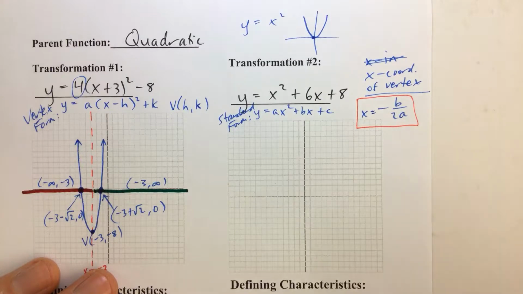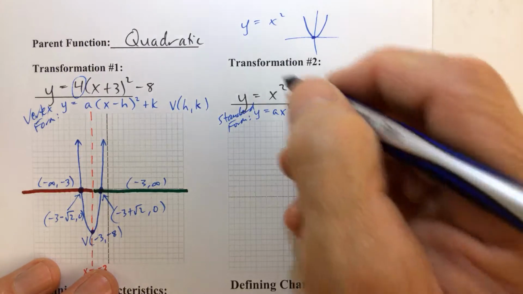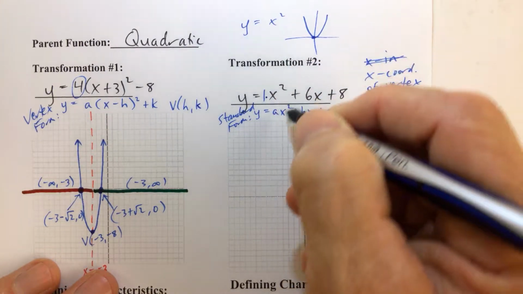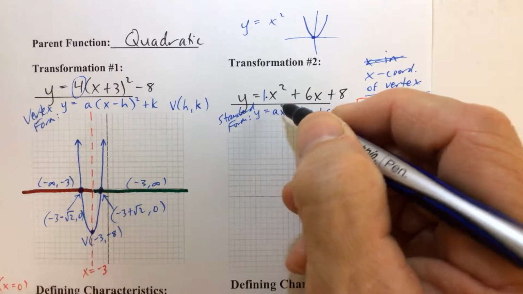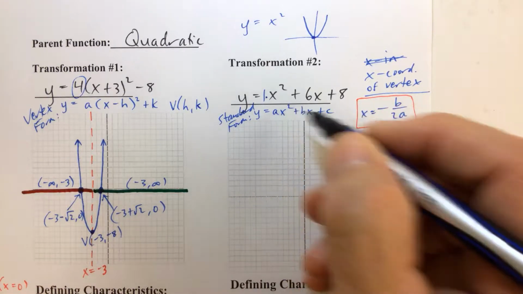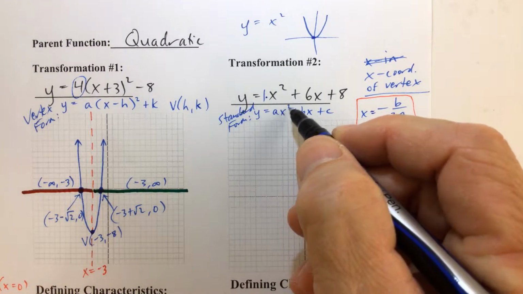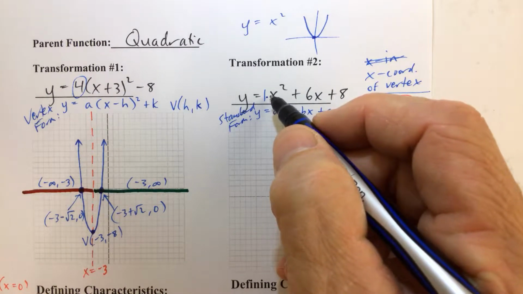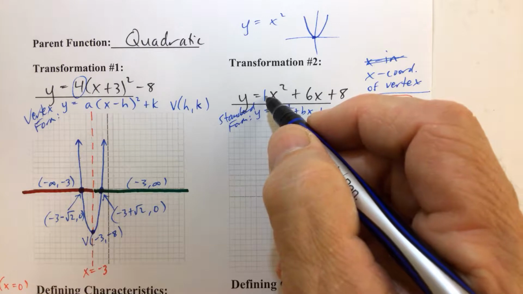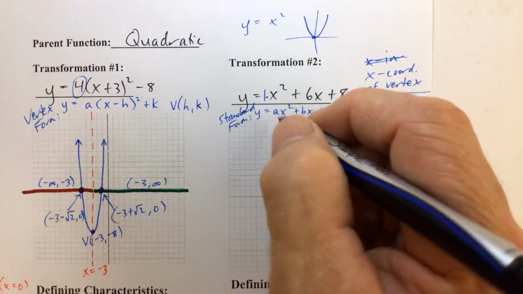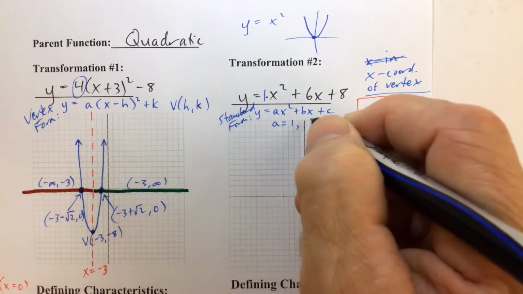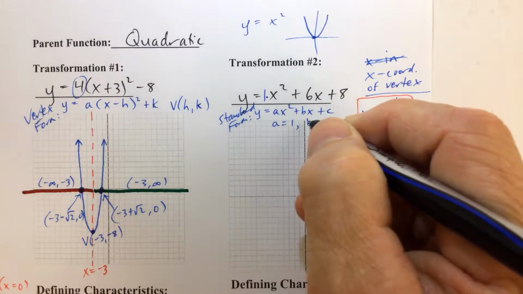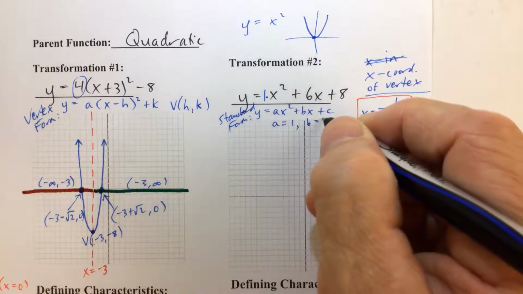So let's find that. Let's identify, though, the a is always the number that we call the coefficient of the x squared term, coefficient of the quadratic term. Since we don't see a number there, we understand that number to be a 1. So we have a is equal to 1. The b is the number that is the coefficient of the x term, that's a 6.